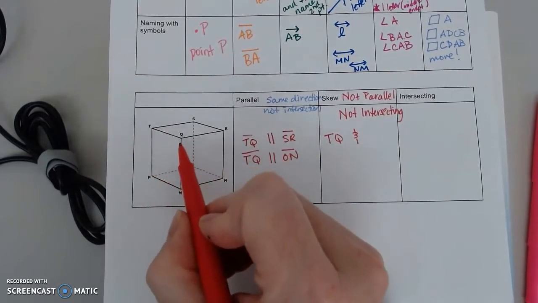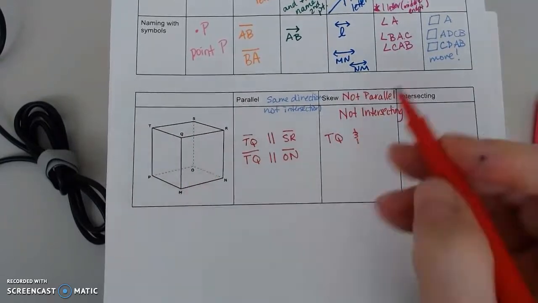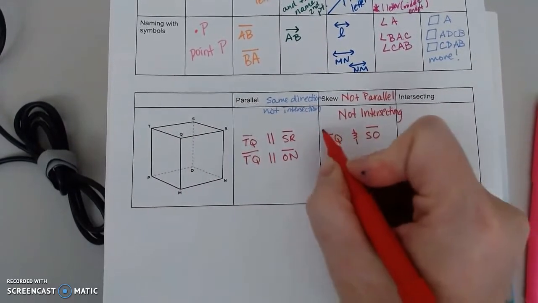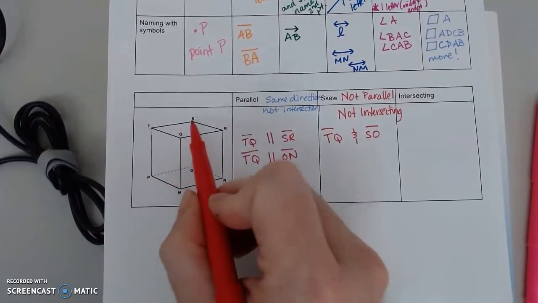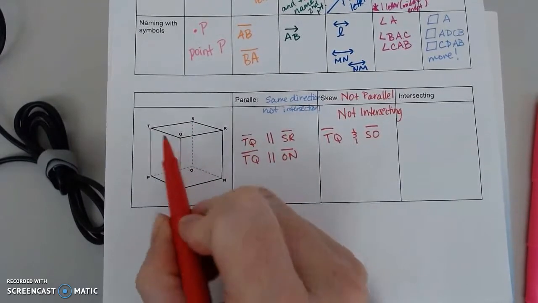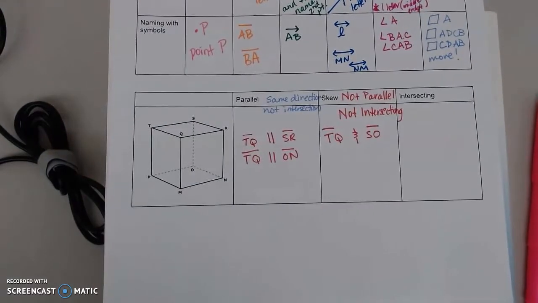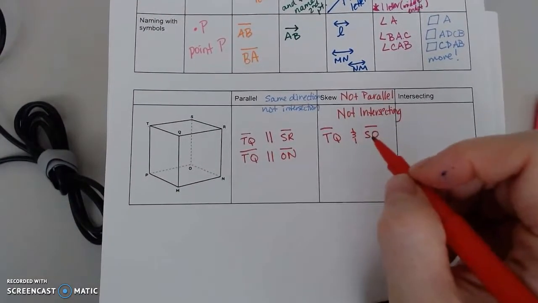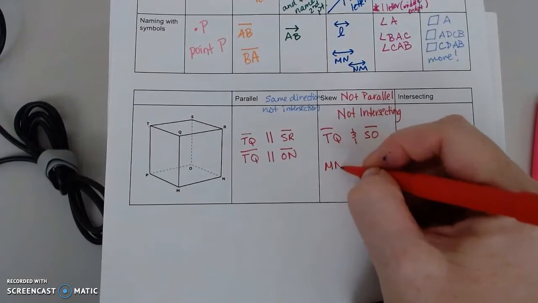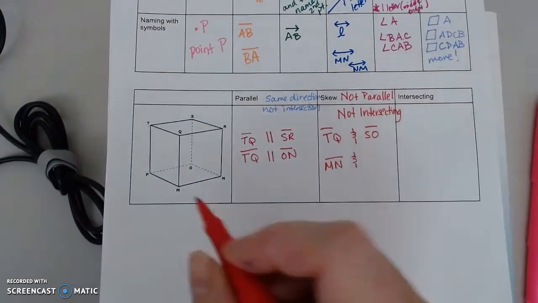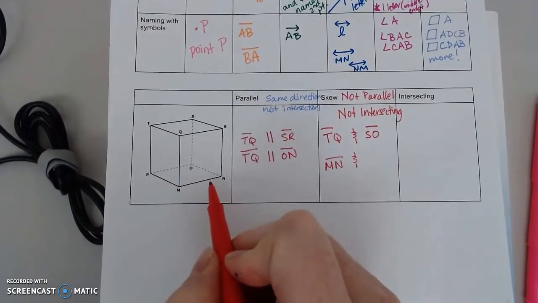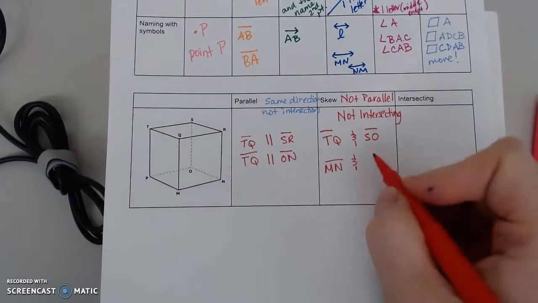So if I look at TQ, look at SO. So TQ and SO, those will never cross and they're not parallel. But not parallel is the key. Here's MN. So let's do MN. That is skew with lots of them, but I could pick TP.